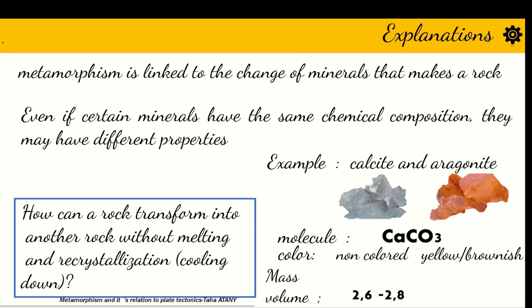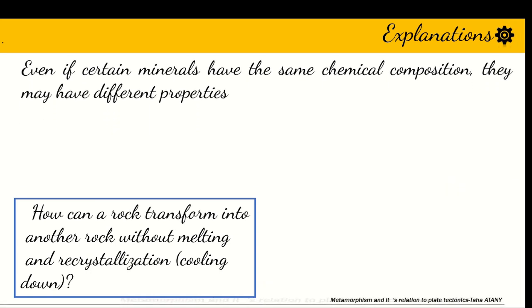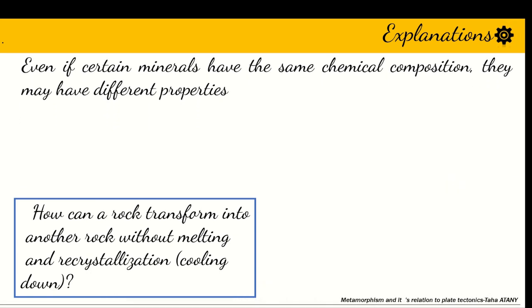One has a mass volume from 2.6 to 2.8 gram per cubic centimeter, and the other has 2.9 to 3.0 gram per cubic centimeter. Therefore, same chemical composition with different properties. This implies that those two minerals will not react the same to a variation of any physical parameter such as pressure or temperature.